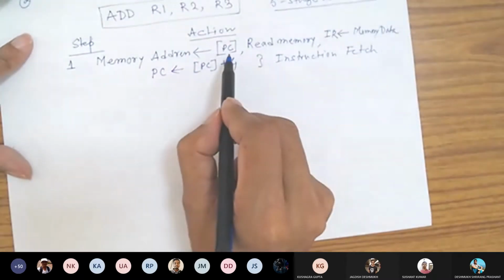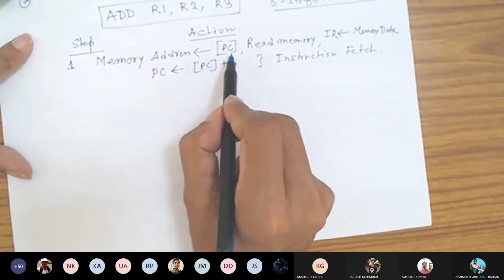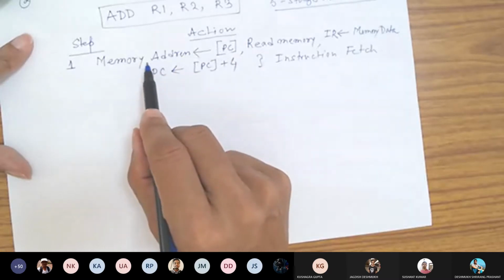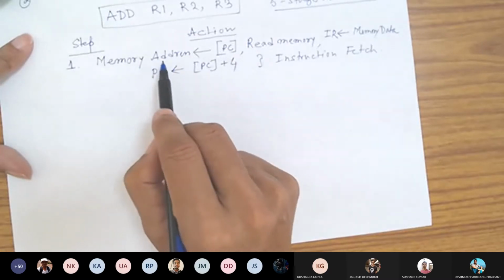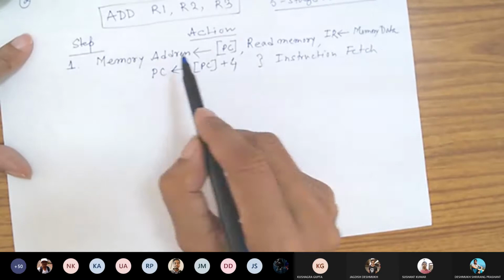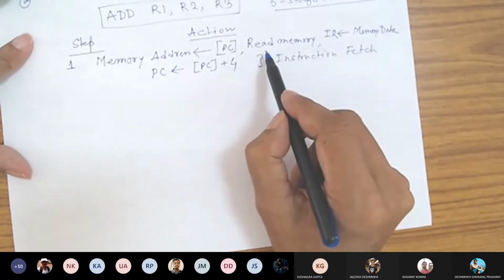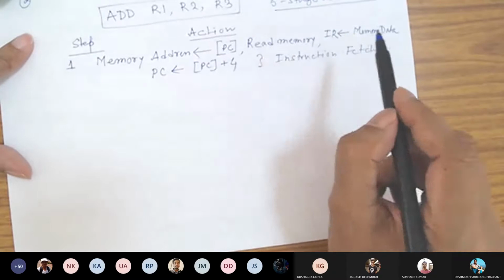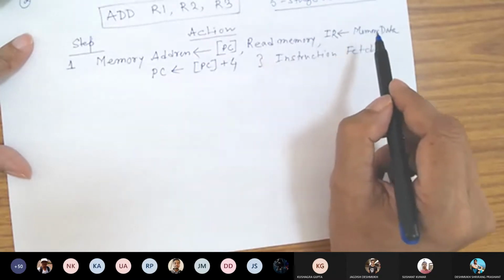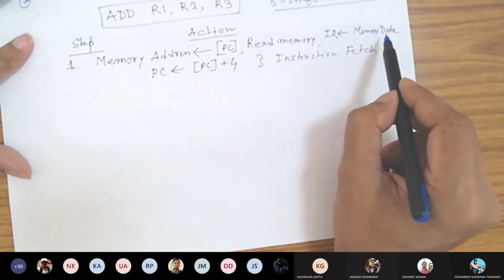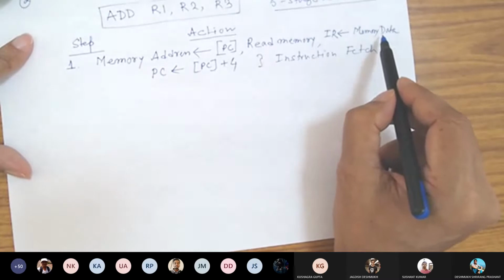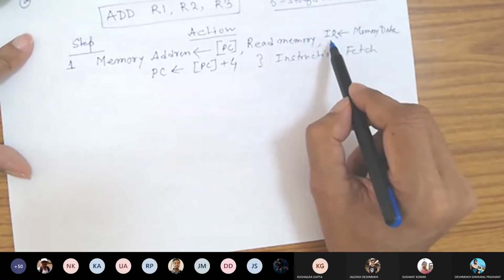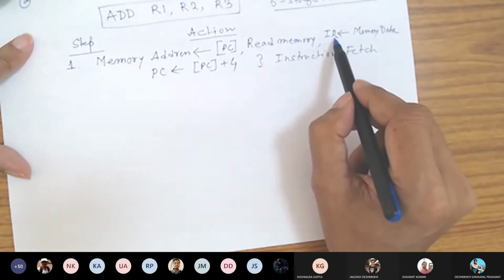The value of the program counter is placed on the address bus, or you can also store it in a memory address register. The control unit generates a read signal. After some time, the data is available in memory data, which is placed into a register, instruction register IR.